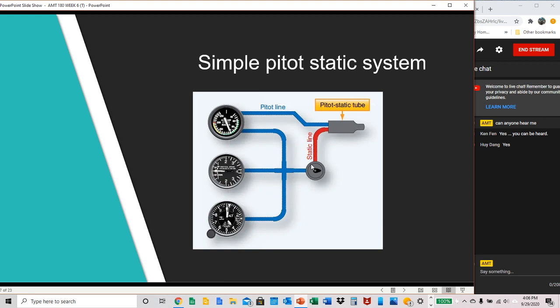This would be your static port, all in connection with your instruments. Here we have your altimeter and your speed indicators. So that is kind of a block diagram of what your pitot-static system consists of and what it looks like, how they're all connected.